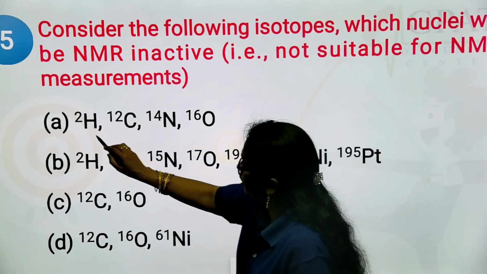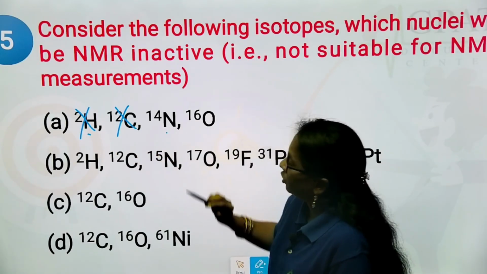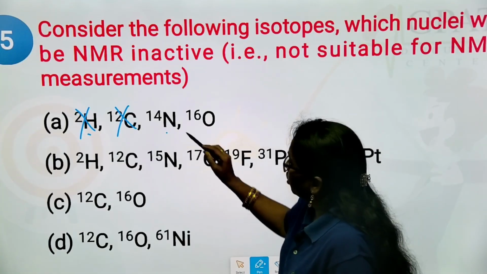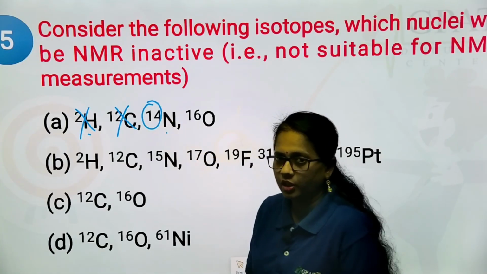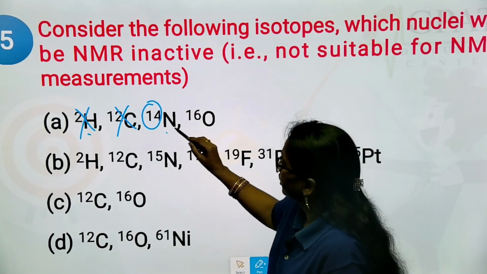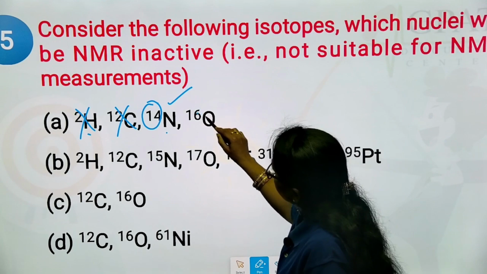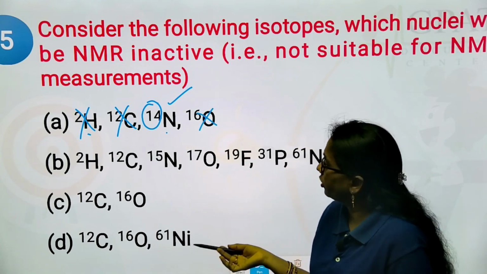So if you see H2, this is NMR inactive, C12 is inactive, N14, nitrogen, even though the mass number is even, the atomic number of nitrogen is odd, 7, right? So you are going to observe the NMR signal. O16, definitely it is not going to give you the NMR.